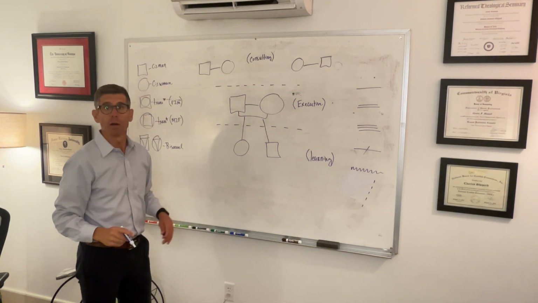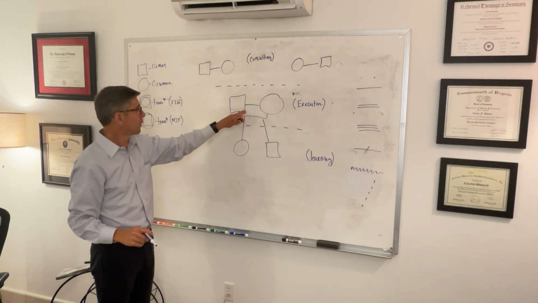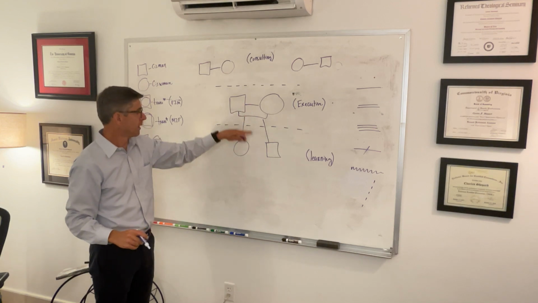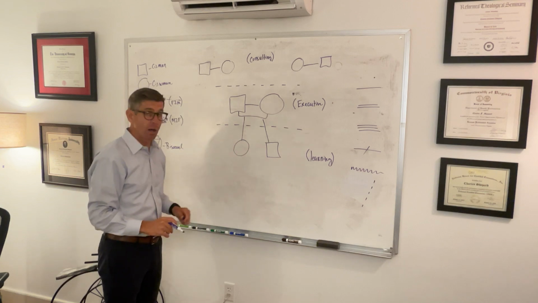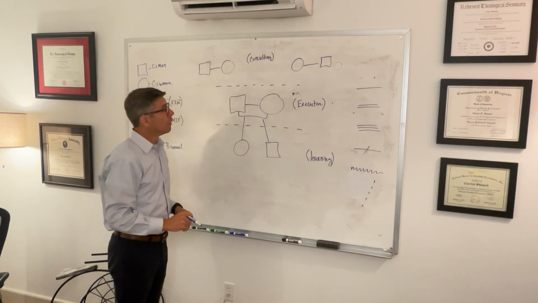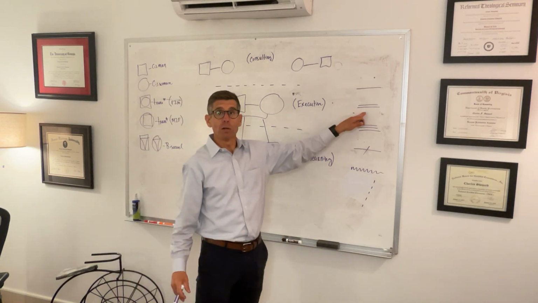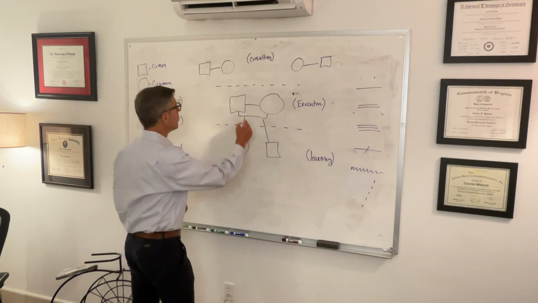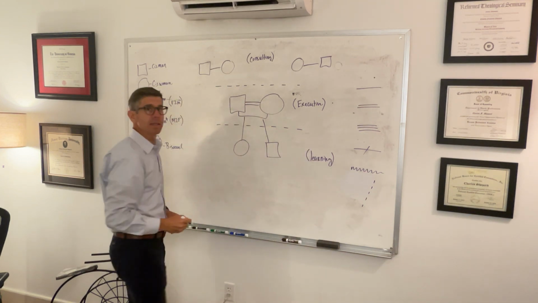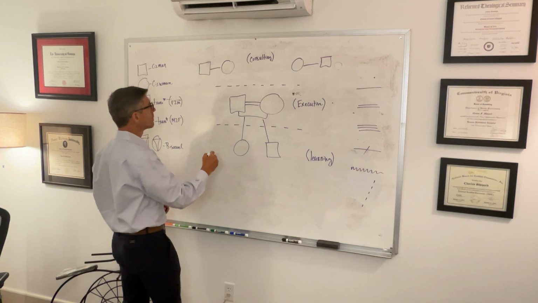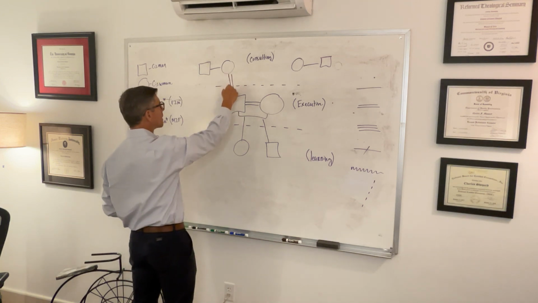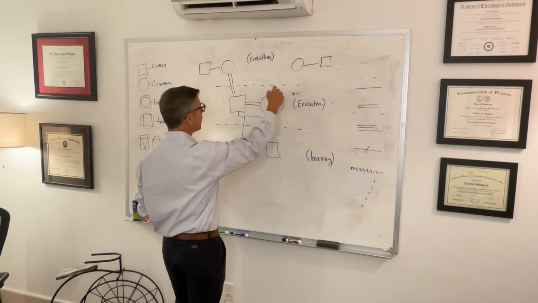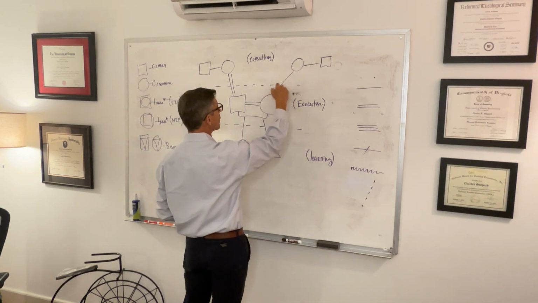You'll have a link between two partners and then lines down to their offspring. When there is a particularly close relationship, you might add a second line to indicate closeness. We'll say that dad here is close with his mom, and mom here is close with her mom.